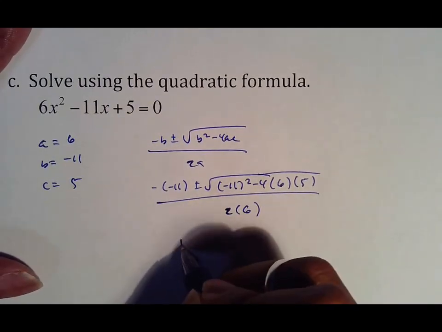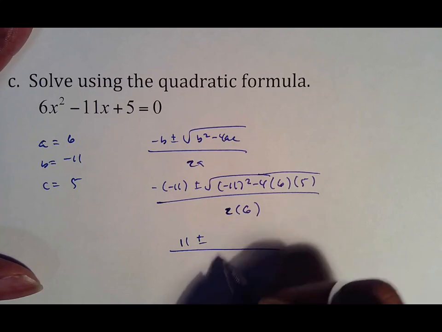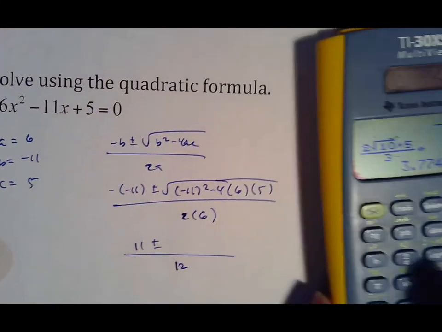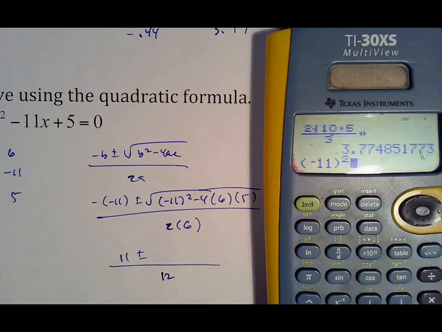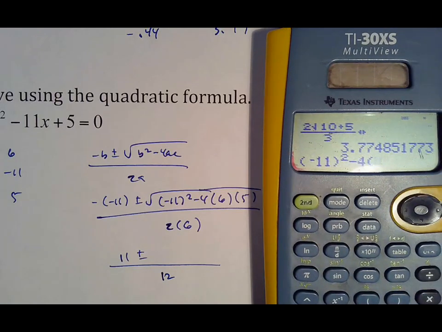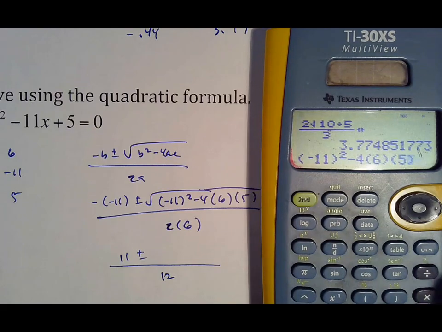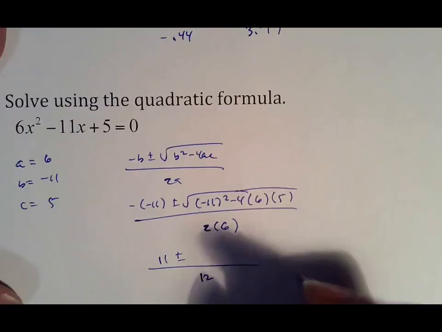So from there I simplify. That would be a +11, that would be a +12. Let's see what's underneath by typing that in. So parentheses -11 squared minus 4, 6, 5 is 1.